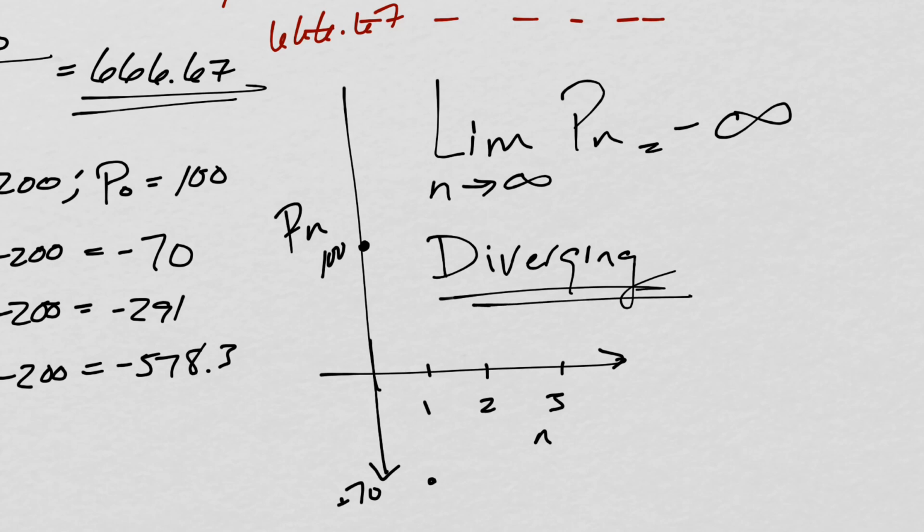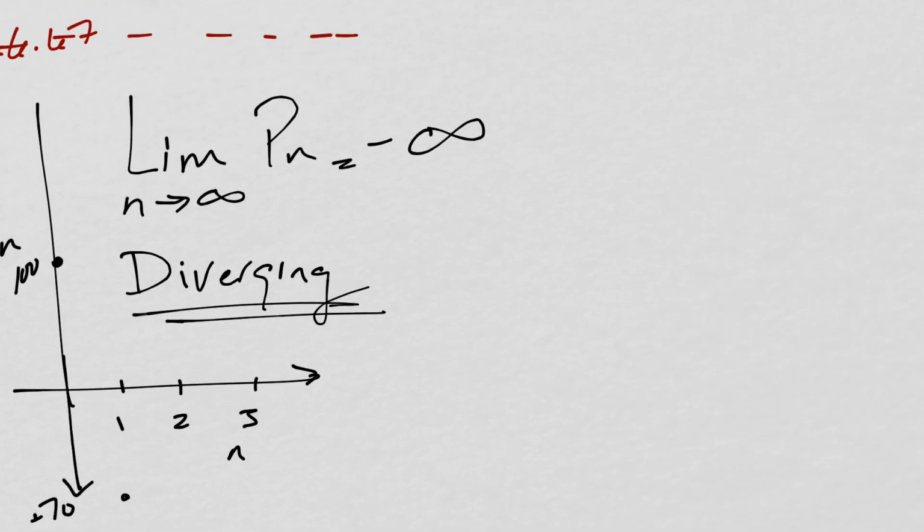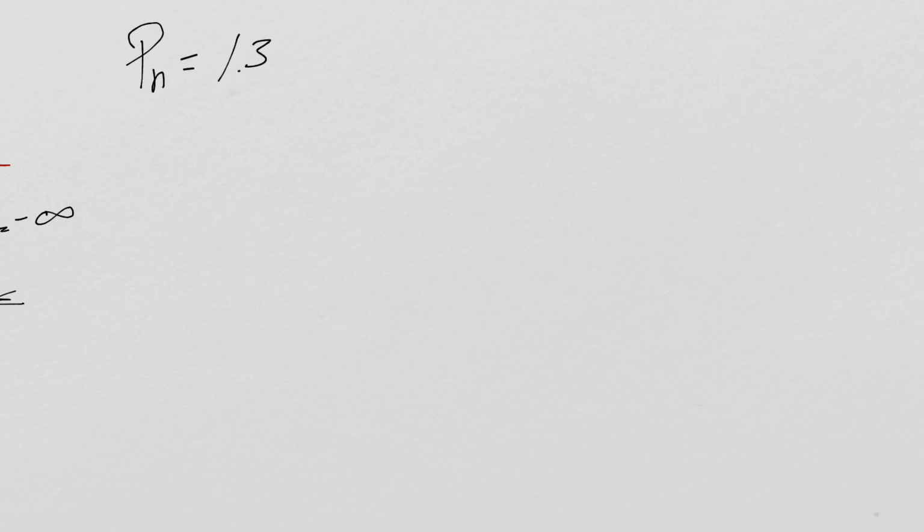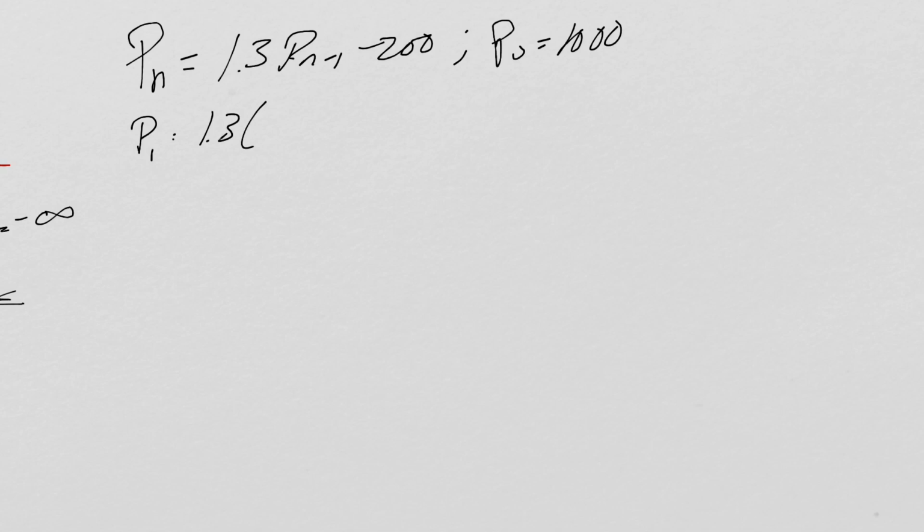Okay. So the next thing we're going to do is look at what if P naught was equal to 1,000. So again, I'm going to rewrite our recursion equation. P sub n is equal to 1.3 P sub n minus 1 minus 200. P naught is equal to 1,000 now. So we do that, P1 is going to be 1.3 times 1,000 minus 200 equals 1,100.